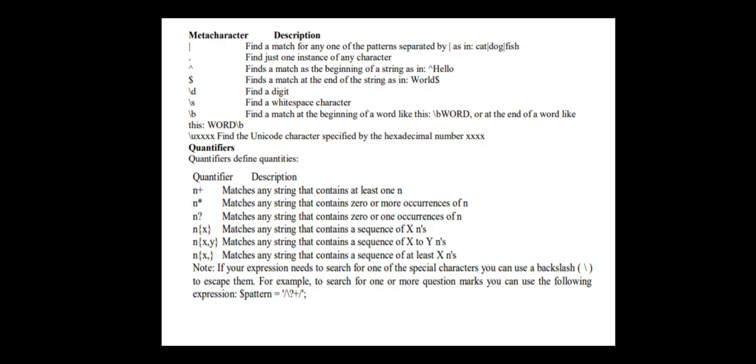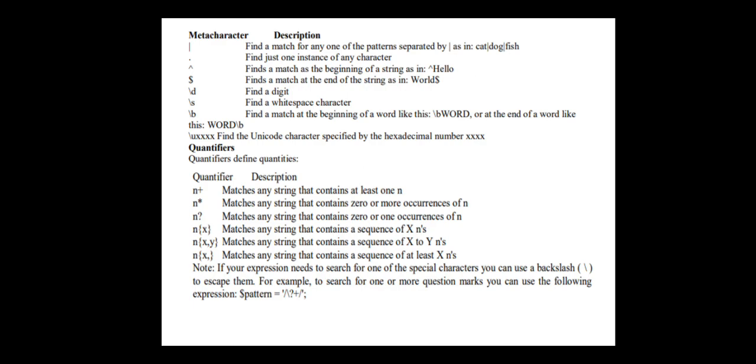So here the pipe operator finds a match for any one of the patterns separated by the pipe operator, as in this example: cat, dog and fish. The dot operator finds just one instance of any character. The caret operator finds a match at the beginning of a string, so it is used for matching a particular string.